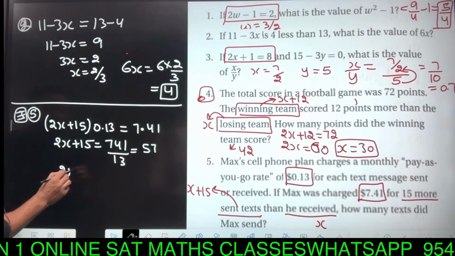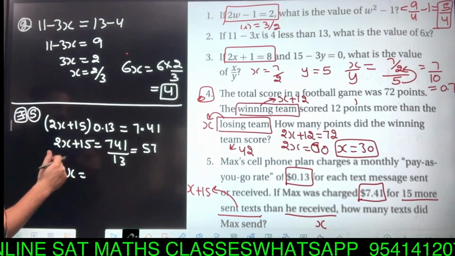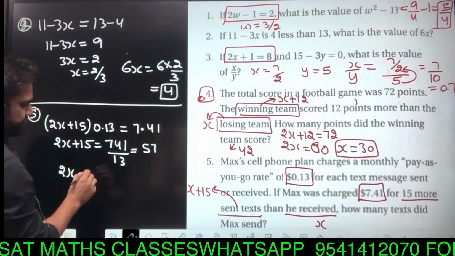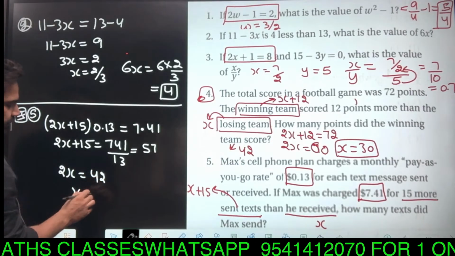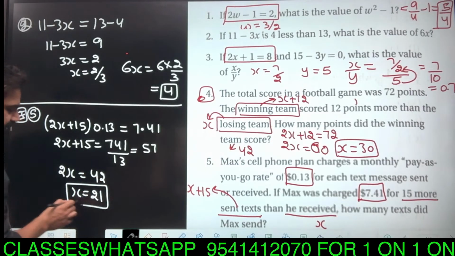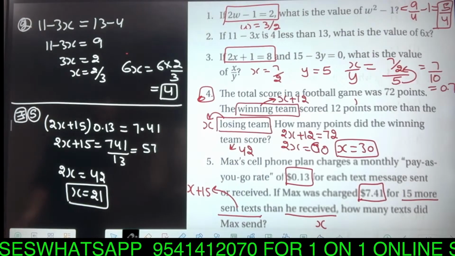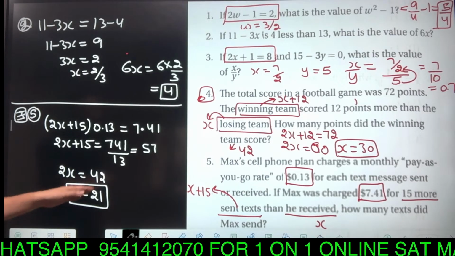If 2x plus 15 is 57, then what is 2x? You subtract 15, 57 minus 15 is 42, so x will be 21. It means he has received 21 messages, and he has sent 36 messages.